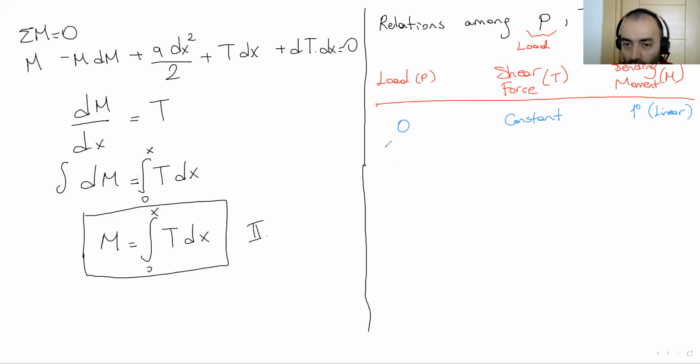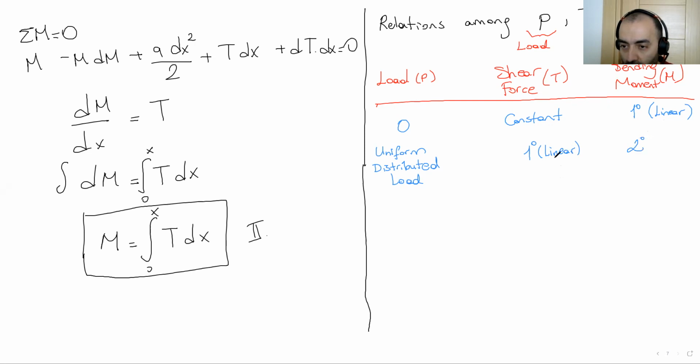If I have a uniform distributed load, the shear force diagram will be first degree, meaning linear. The moment diagram will be one degree up, here second degree.